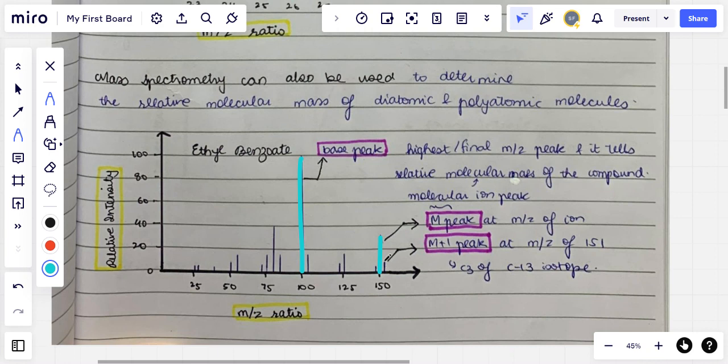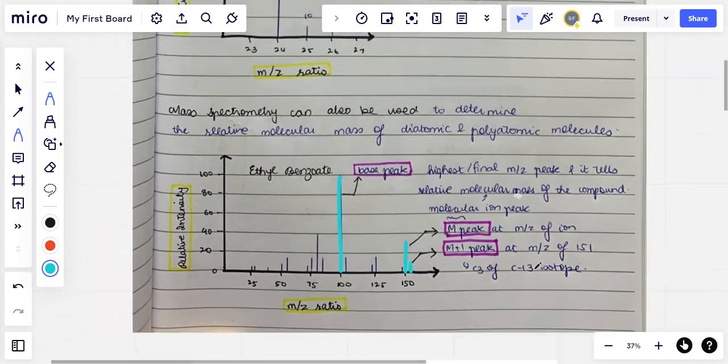And right next to it, you'll see a very tiny peak, that's the M plus 1 peak. People usually tend to ignore it, but it's just there because ethyl benzoate has carbons, right? So carbon 12 we know, and then there's the carbon 13 isotope. Carbon 13 isotope isn't very common, but still it's there. So this smaller peak is formed because of carbon 13 isotopes. I hope it makes sense.